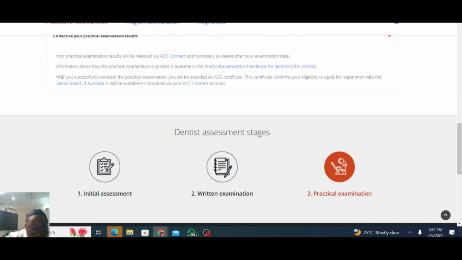Once you successfully complete the practical examination, you will be awarded an ADC certificate. This certificate confirms your eligibility to apply for registration with the Dental Board of Australia. Once you pass these three assessments, you will just have to go ahead and register with the Dental Board of Australia, and that will be all you need.